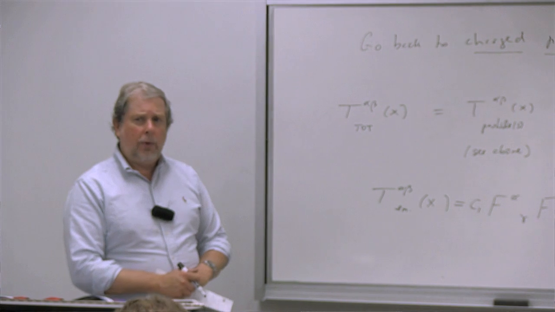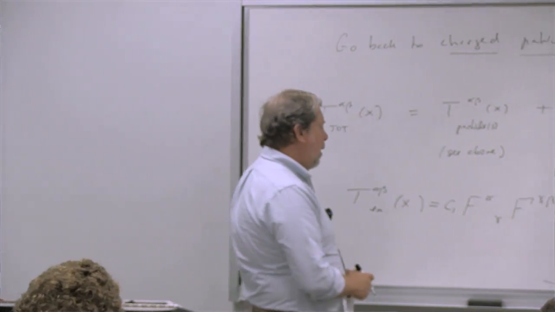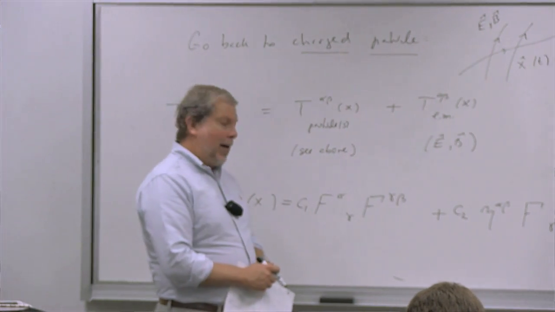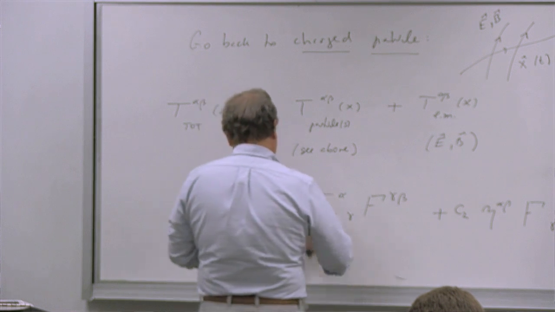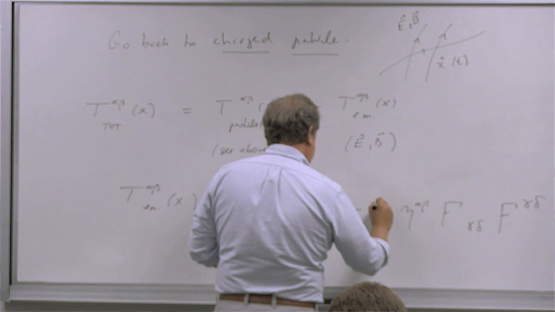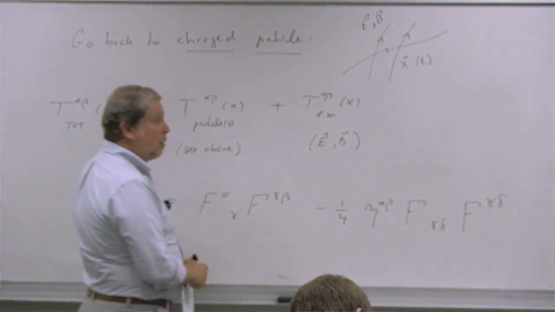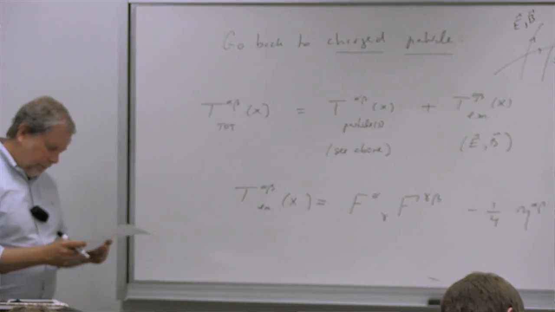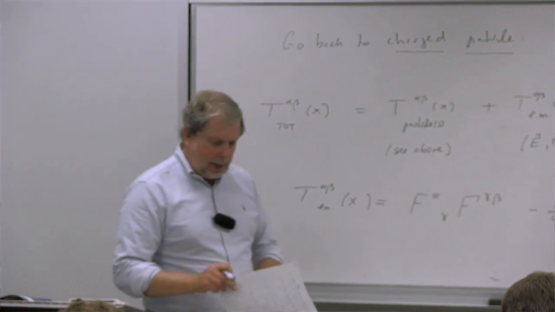There's nothing else, by the way, that you can have. And so you find, by a thing that I will just say in a second, that this has to be minus a quarter. This has to be minus a quarter, right? And how do you see that?